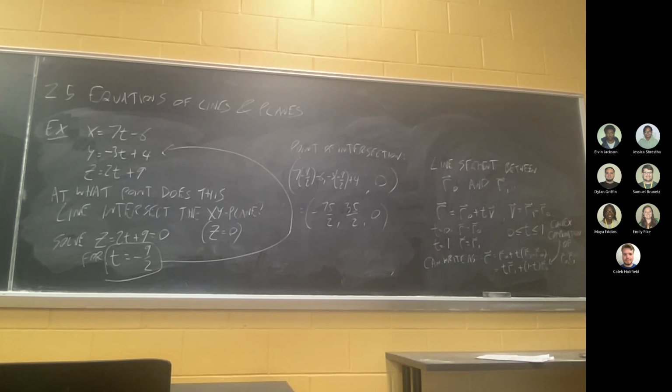The same idea applies if you have more than 2 points. If I have any number of points in space, and I take a linear combination of them like this, where I multiply all the points by scalars that are non-negative and they all add up to 1, that's a convex combination of those points.